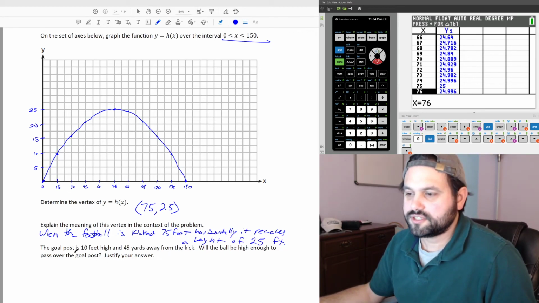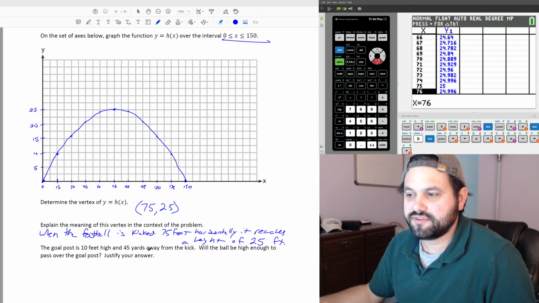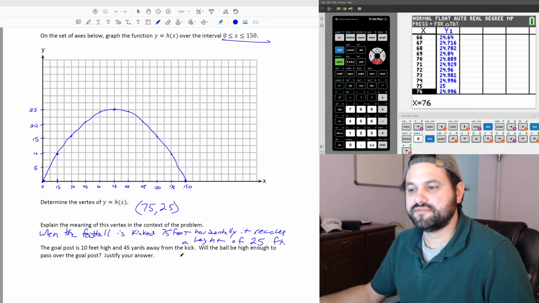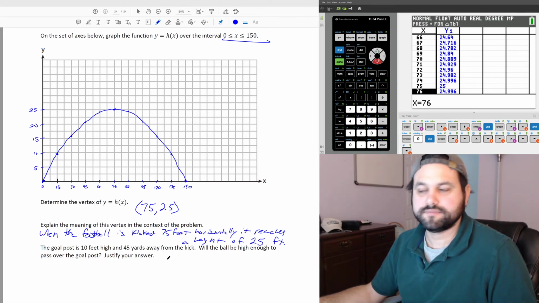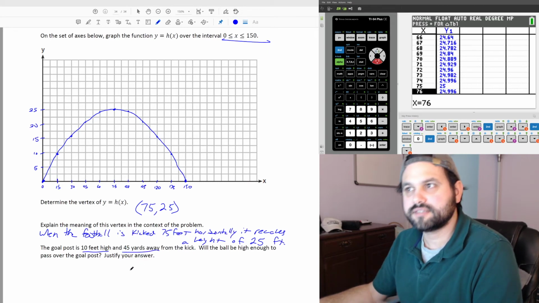The goalpost is 10 feet high and 45 yards away from the kick. Will the ball be high enough to pass over the goalpost? So 10 feet high, 45 yards away. Which one's x, which one's y?